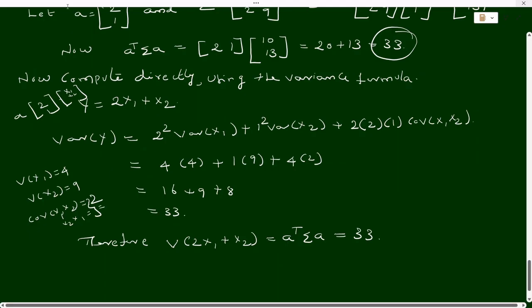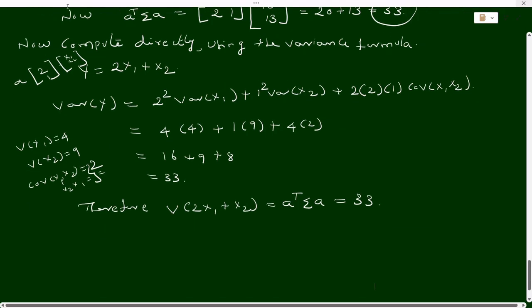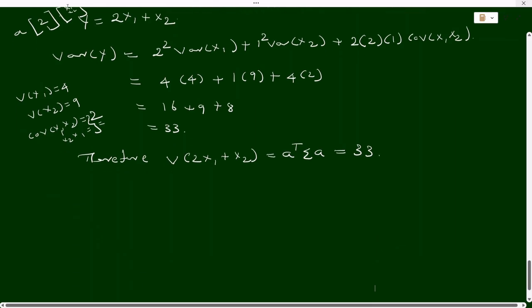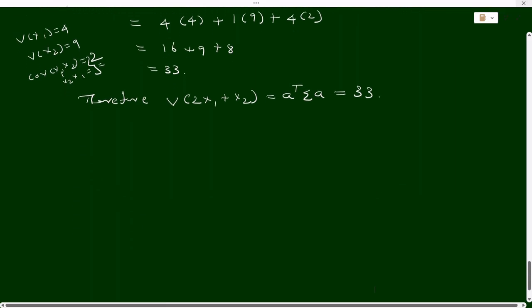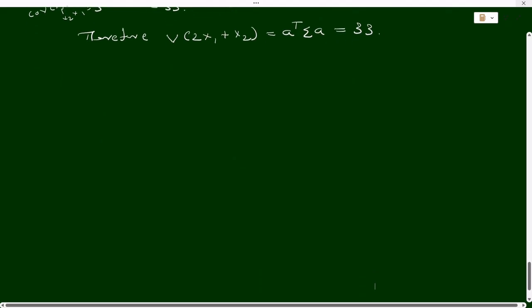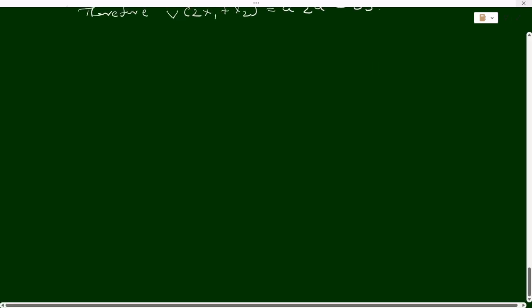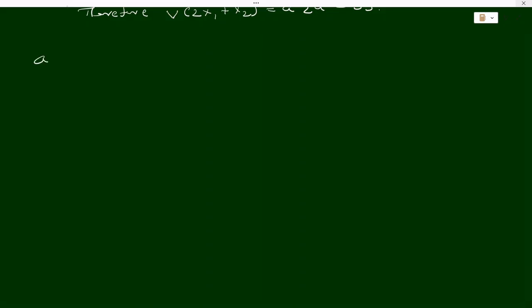So the most important interpretation of A transpose sigma A: it is not just a matrix expression.